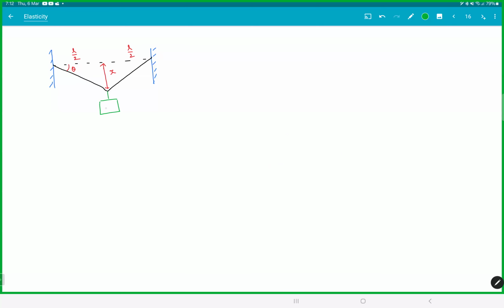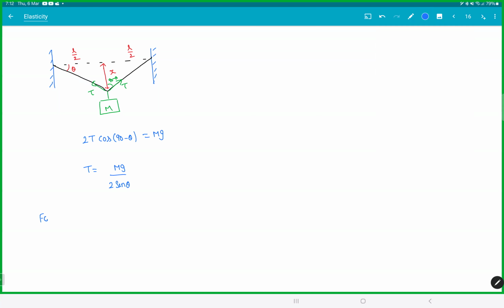When the block M is here, this is tension T, this is tension T, this angle is 90 minus theta. So from here we get 2T cos(90 minus theta) is equal to mg. So we get T is equal to mg by 2 sin theta.